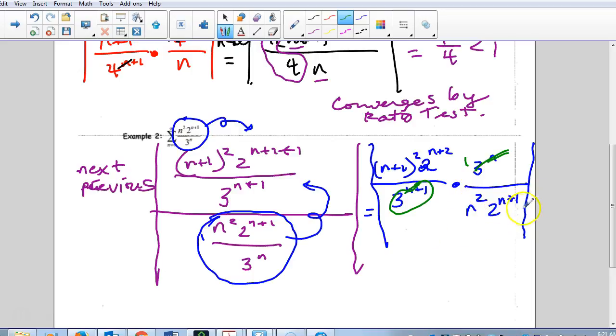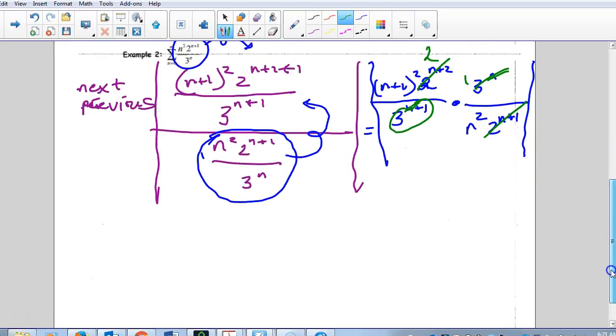N squared, there's nobody to cancel with. N plus 2 over n plus 1 is going to leave me a 2 on the top. N plus 1 squared and n squared, I can't do anything with that. There's nothing that it can simplify to because the bases are different. So I've got n plus 1, the quantity squared, times 1 all over 3 n squared.